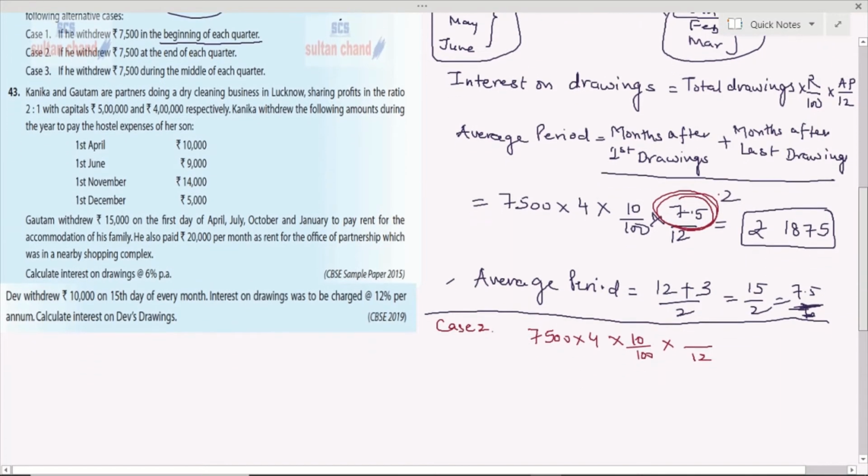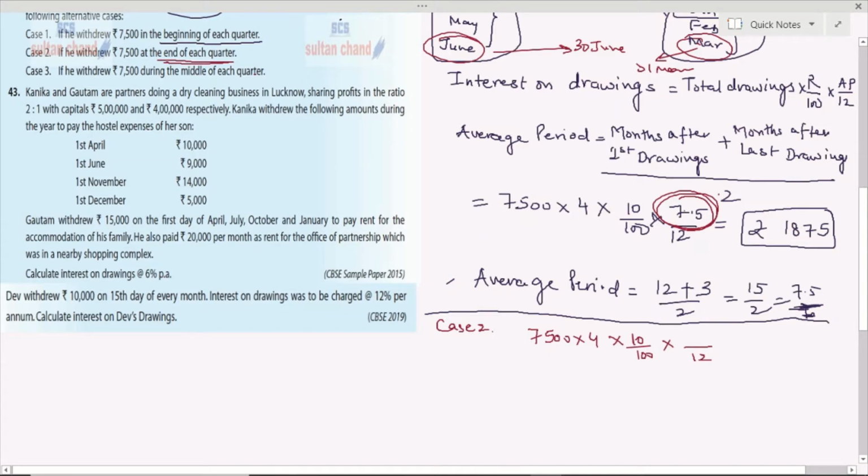So average period will be, if you can see here what it is indicating, it says that it is the end of each quarter. So now my quarter ends here in June, and this quarter ends here in March. So 30th of June and 31st of March, both the dates are to be compared with the last date of the month, the closing date.